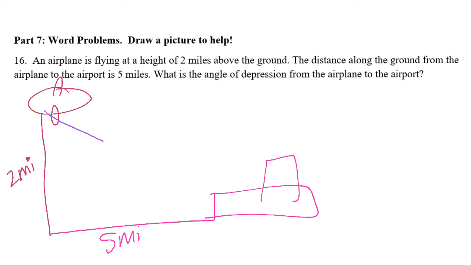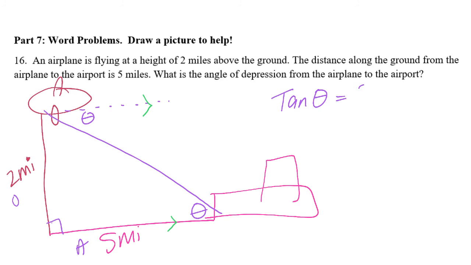So you want to figure out what is the angle of depression that it needs to go at. Remember, angle of depression is really up here, but because these lines are parallel, we always write it in the base angle. You always write it in the very bottom. So this is a right angle, and I have my opposite and my adjacent. So I'm going to use tangent.